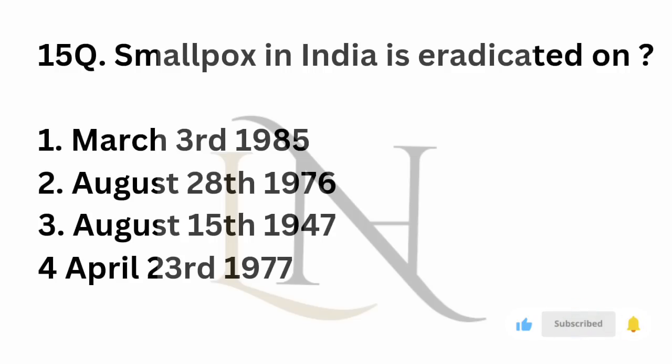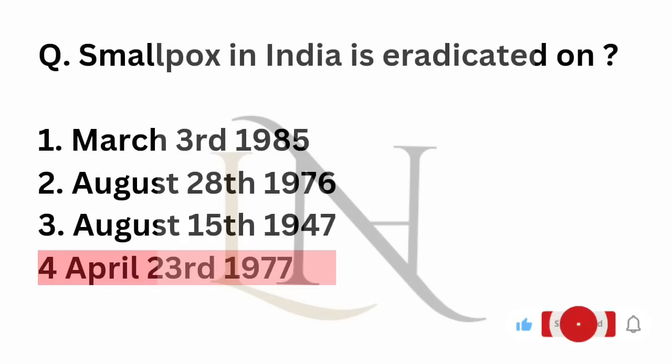Answer is option 4, April 23rd 1977, eradicated in India. Smallpox causative organism is variola virus, an orthopox virus. Next MCQ.